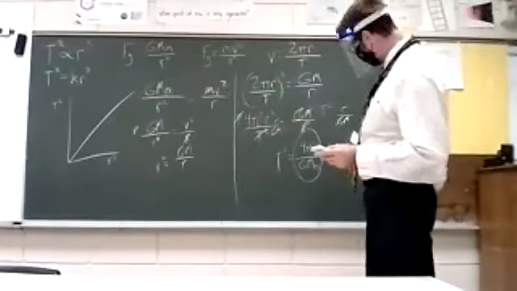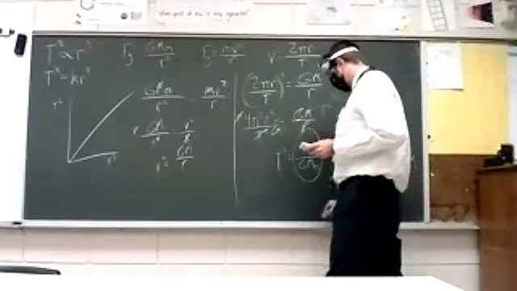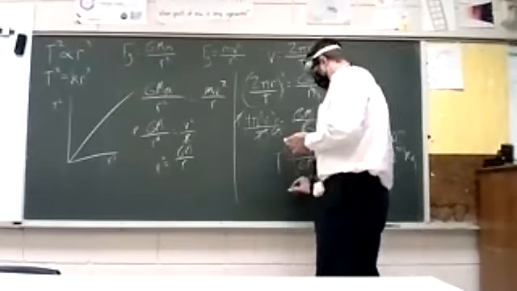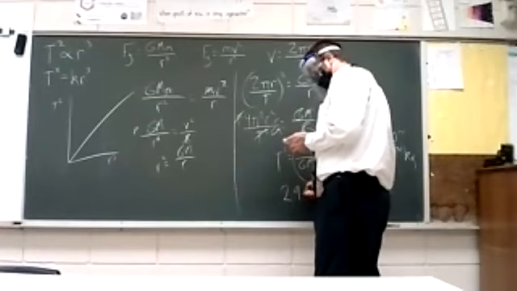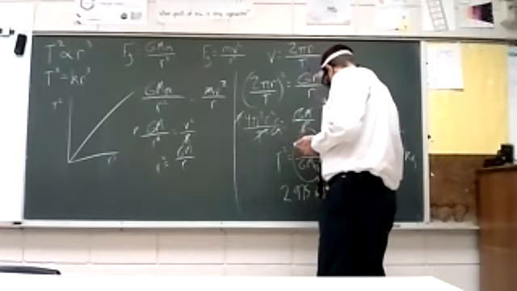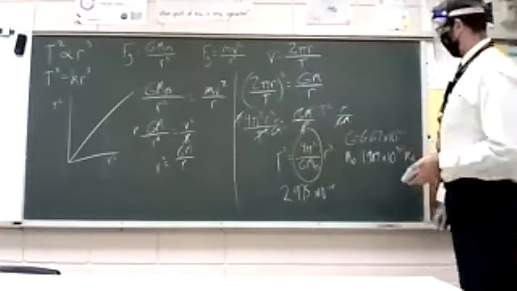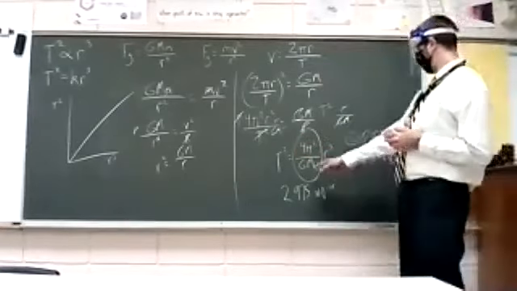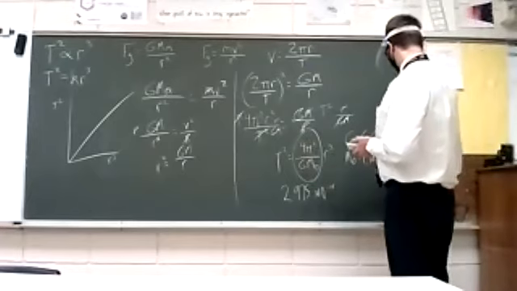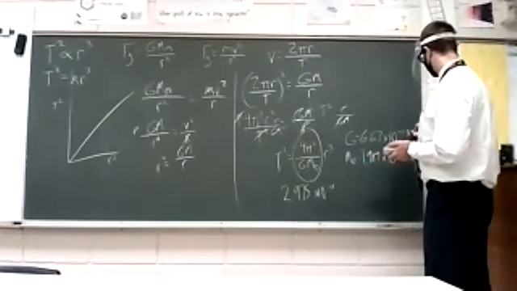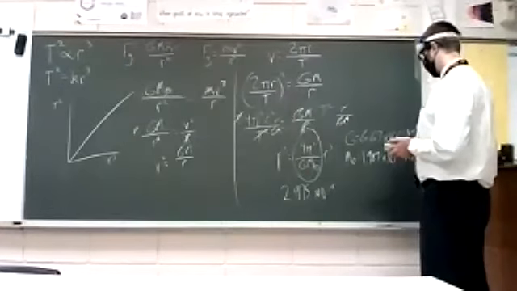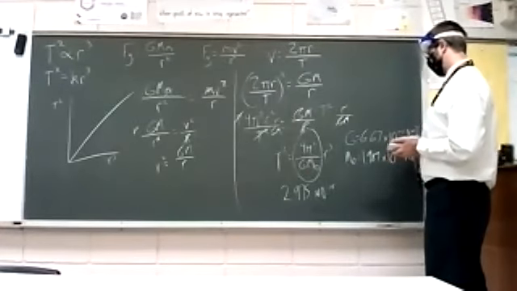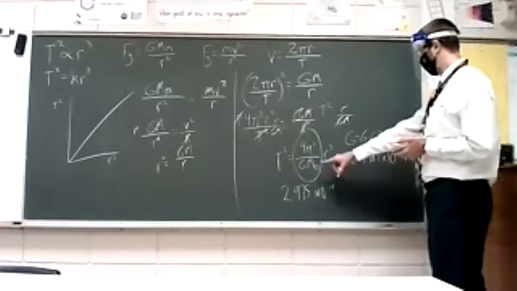All right, anybody got it? Everybody gave up? 2.975 by 10 to the negative 9. The units, I guess, are Newton meters squared per kilogram squared, but then we're dividing by another kilogram, and these are all in the denominator.